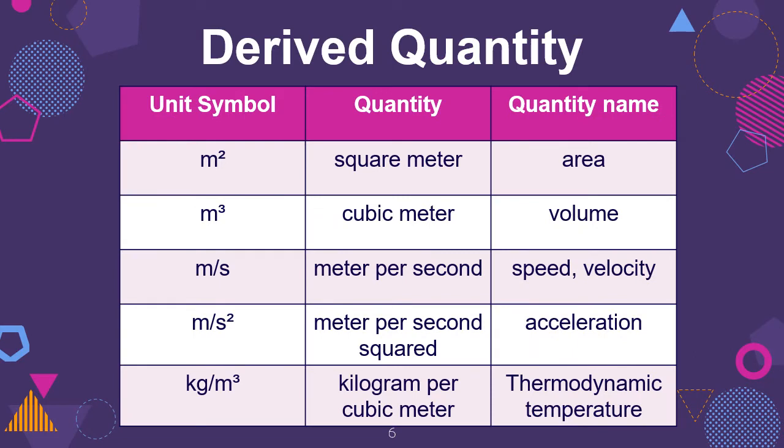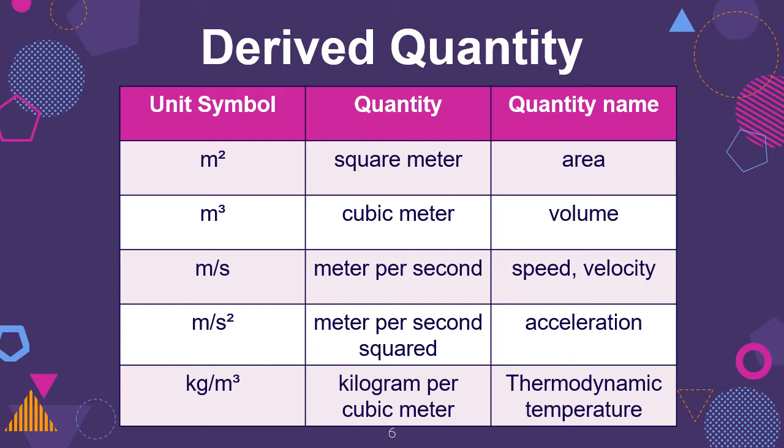Okay, this table shows some common derived quantities with their respective units. So we have square meter, or m raised to the power of 2, and the quantity name is area. And we have m raised to the power of 3, or the cubic meter, and the quantity name is volume. We also have meter per second, or m/s, and the quantity name is speed and velocity.